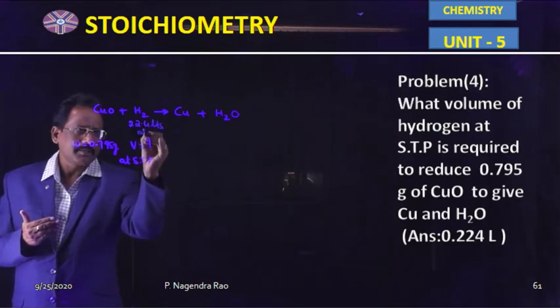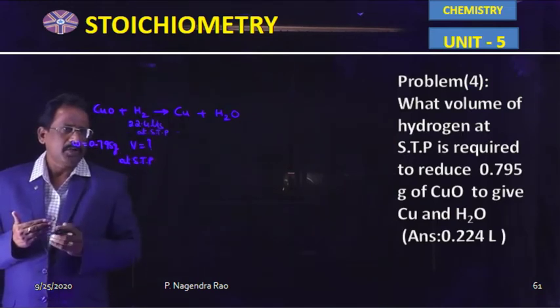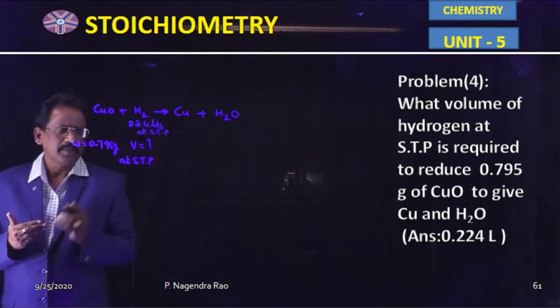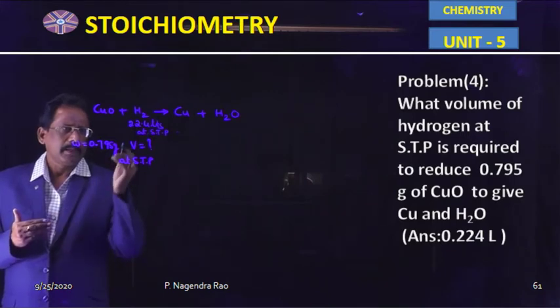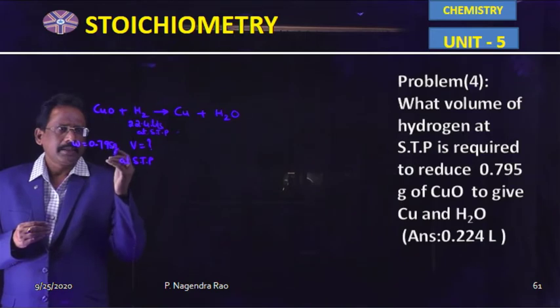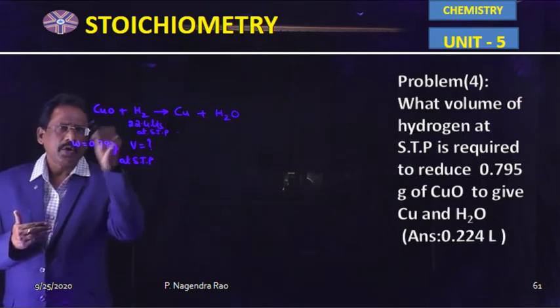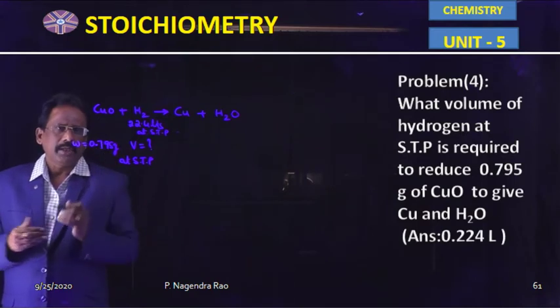According to the chemical reaction, this much volume of hydrogen gas is used to reduce 1 mole cupric oxide.